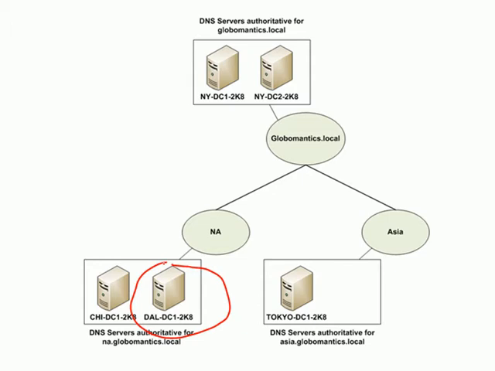Oh, there we go, jumping ahead. We haven't talked about records yet, but the NS or name server records for that particular zone will get replicated to Chicago DC1, which was the original DNS server authoritative for na.globalmantics.local.